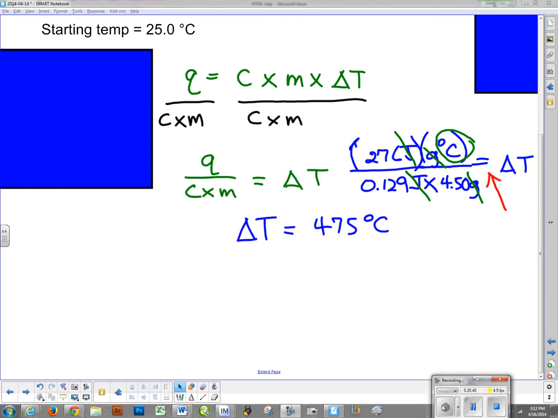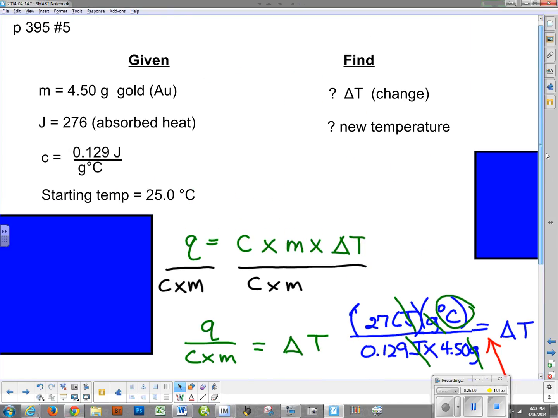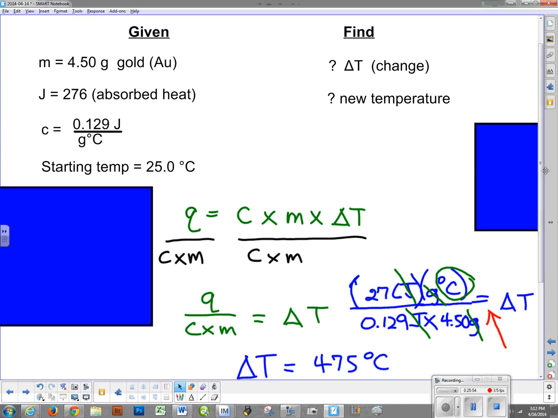Okay, when you divide all that out, this is what you get for your degrees centigrade. And that's your change. So we take that and we add it to the starting temperature, which was over here. Our starting temperature was 25.0.